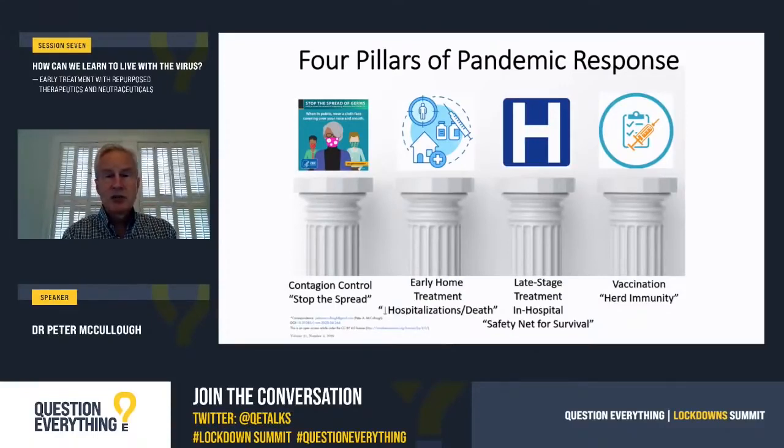Late hospitalization and treatment many times is too late. The contemporary mortality for a patient admitted to an ICU in the top American hospital is 38%. It's simply too high. The hospital is too late. And the last pillar is herd immunity and vaccination.